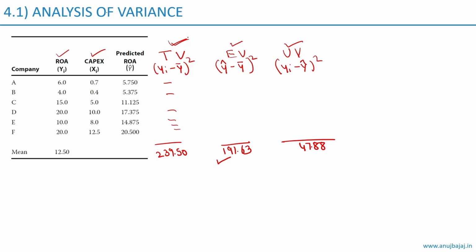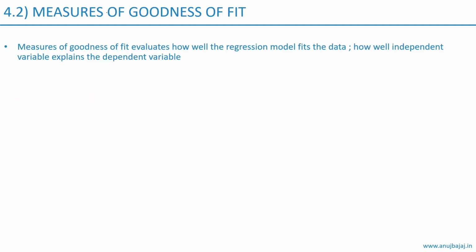So to evaluate whether the linear regression model did a good job of explaining the total variation or not, we look at the measures of goodness of fit. Measures of goodness of fit evaluate how well the regression model fits the data, that is, how well the independent variable explains the dependent variable.